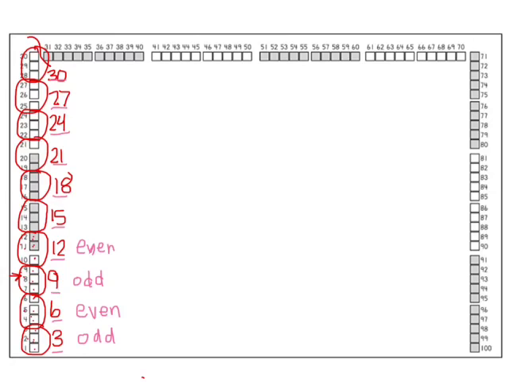What about 15? You're right, it's odd. What about 18? It's even. Does the pattern continue? Absolutely it does. Odd, even, odd, even. Okay, that pattern continues when we count by 3s.